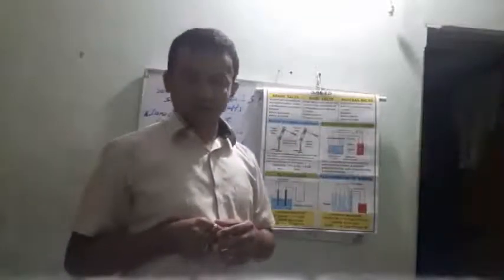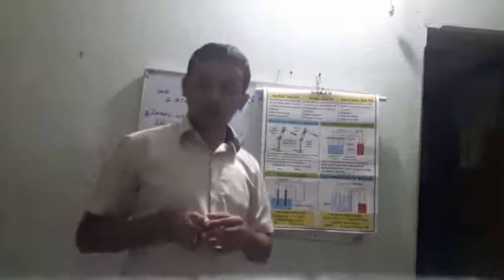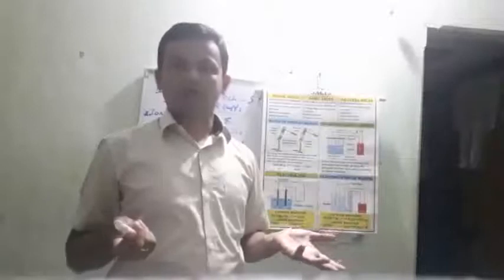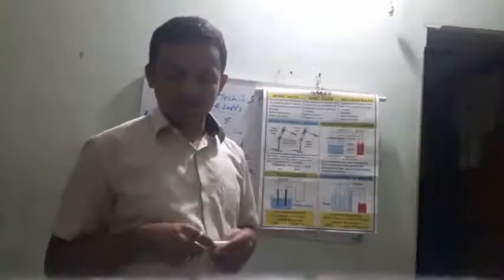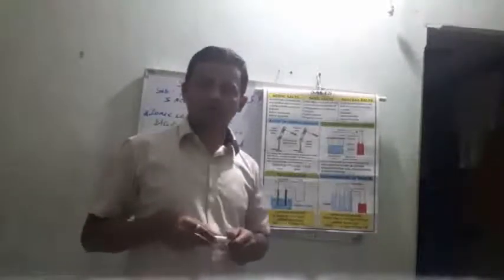And another example: if we take an aqueous solution of glucose or urea, these do not form ions. In these solutions ions are not formed, so the electric circuit is not completed, and hence the bulb does not glow.